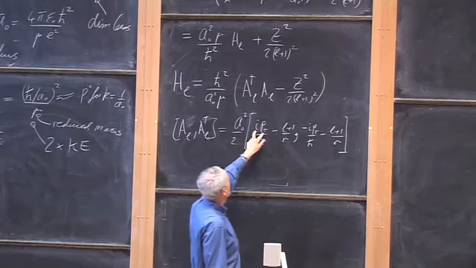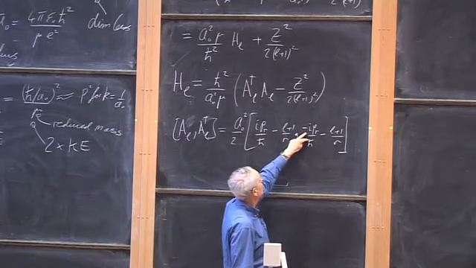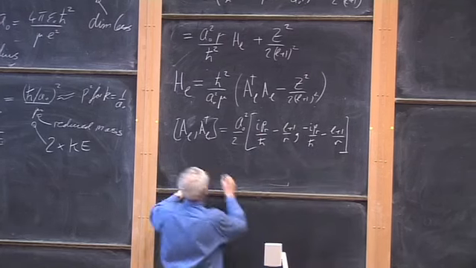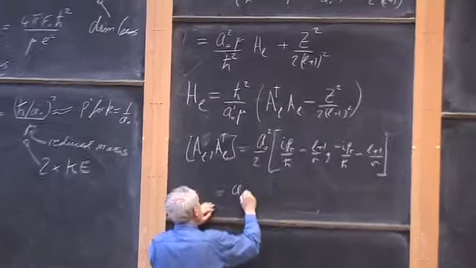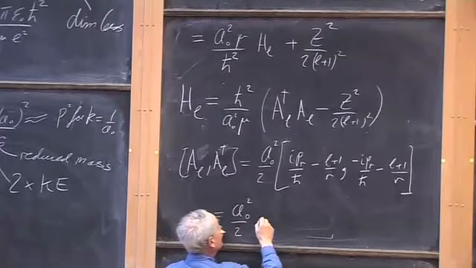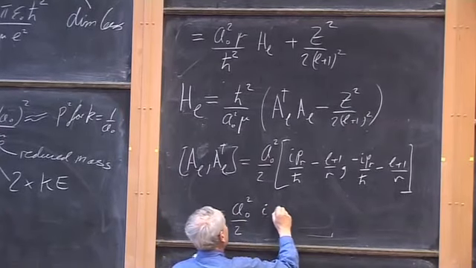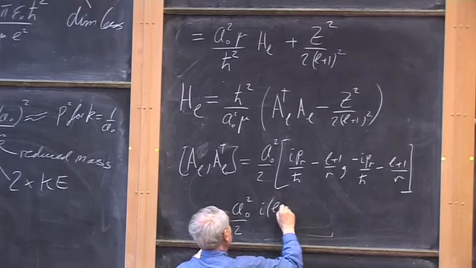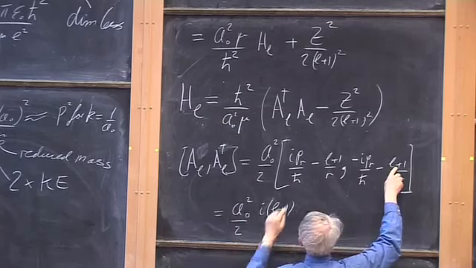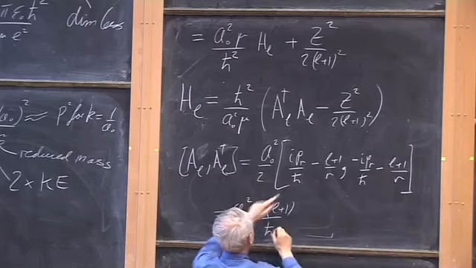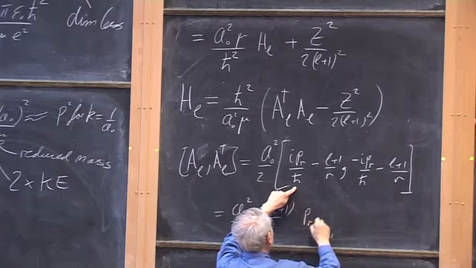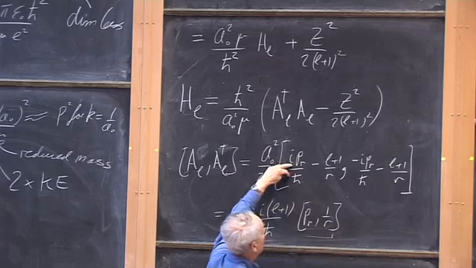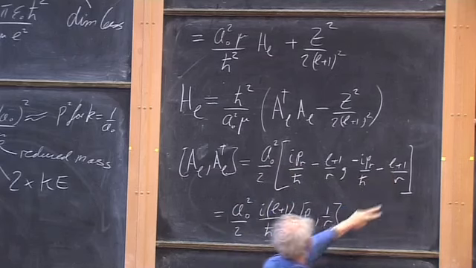Obviously, pr commutes with itself, nothing doing there. pr, on the other hand, does not commute with this, so we are going to get a0 squared over 2 i L plus 1, that's that L plus 1 over h bar, that's that h bar, pr comma 1 over r commutator. I get that from that, or at least live in hope that I do.